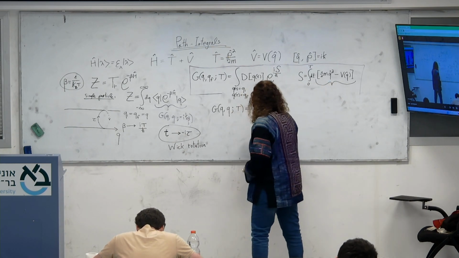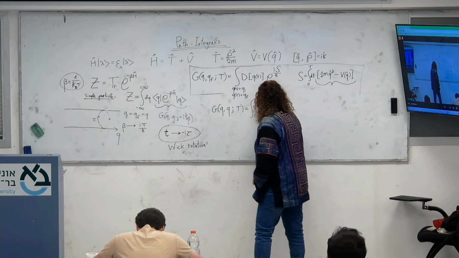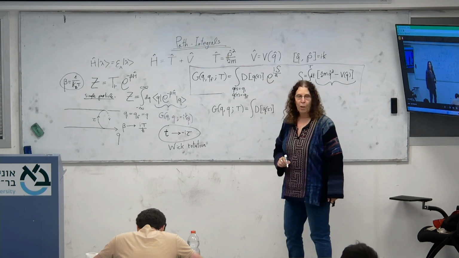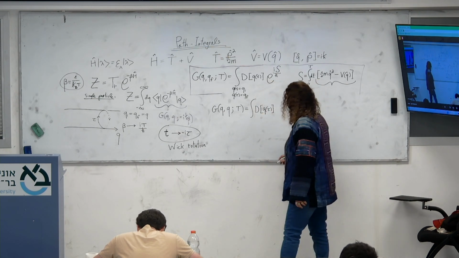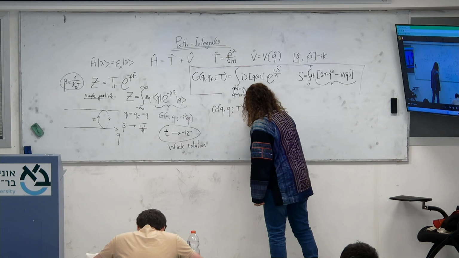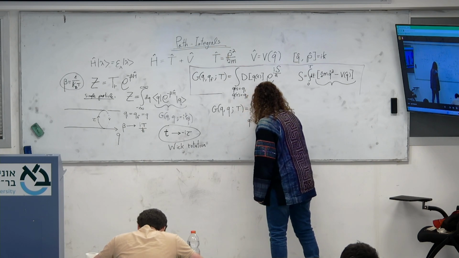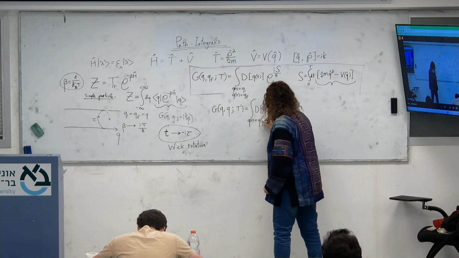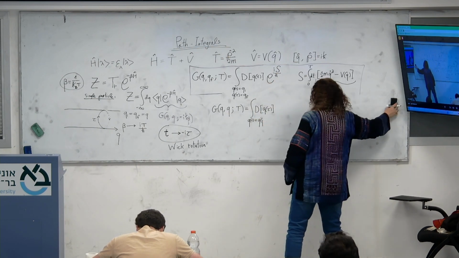So I have an integral over, now it's going to be q of tau, okay, for each q, but here q0 is the same as q of the final tau, which is h bar beta.